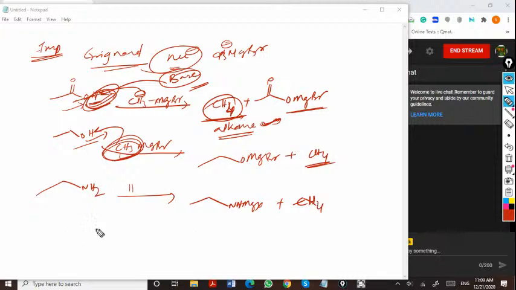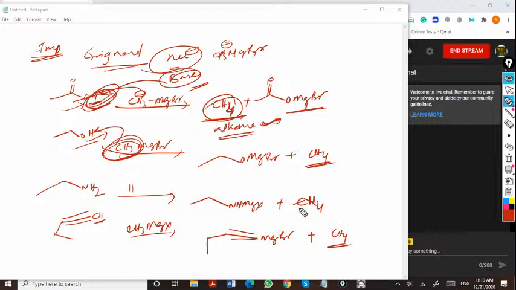Okay. Or if I treat with alkynes, so this C-H is also an acidic proton. So if I treat with the Grignard, that will also give magnesium acetylide as well as alkane.